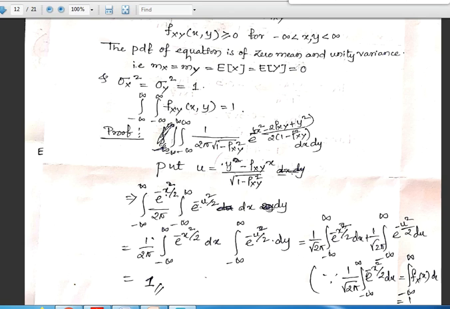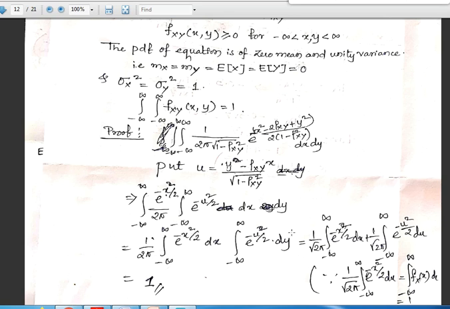By adjusting, we write this one as e to the power minus u² by 2 into dy, dx dy, wherein du is equal to dy divided by the root of 1 − ρ_XY², which cancels this one. We can write this as 1 divided by 2π, integration from minus infinity to plus infinity, e to the power minus x² by 2 dx.